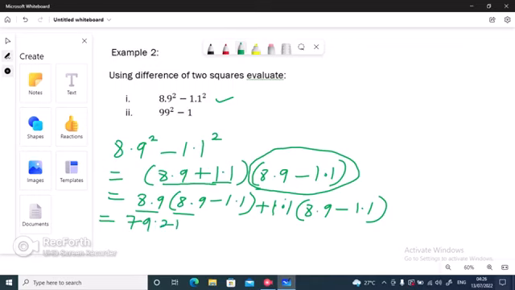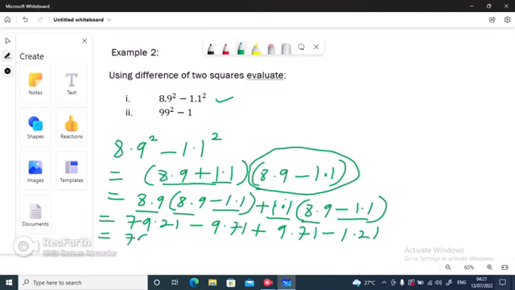Then 8.9 here times minus 1.1, we have minus 9.79. Then plus 1.1 times 8.9, we have 9.79. Then minus 1.1 times minus 1.1, we have minus 1.21.